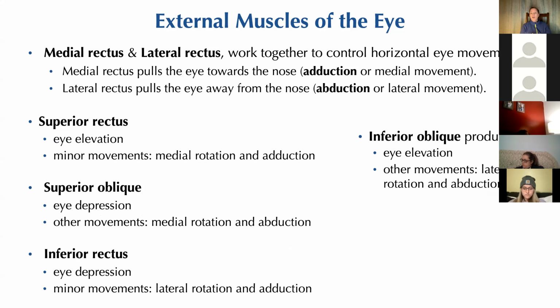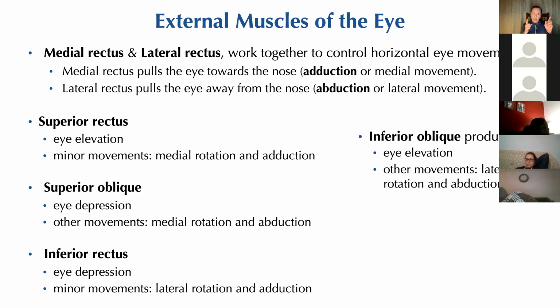All right, so one of the things that always drives students crazy is learning what each of these eye muscles do, which isn't so hard in and of itself, except for the oblique muscles. As you can imagine, the superior rectus moves the eye up, the inferior rectus moves the eye down, the lateral rectus will move the eye to the lateral side, the medial rectus will move the eye over towards your nose.